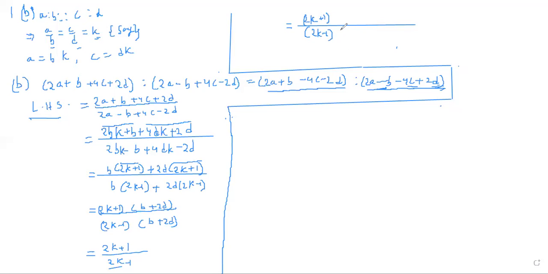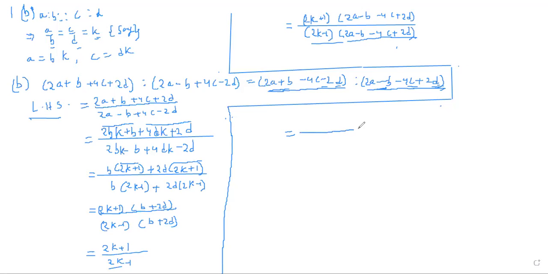So one thing which you can do is multiply by the denominator 2A minus B minus 4C plus 2D in the denominator and in the numerator. Now you have denominator 2A minus B minus 4C plus 2D which you have to bring, and one more extra step 2K minus 1. And in the numerator you have to bring 2A plus B minus 4C minus 2D.